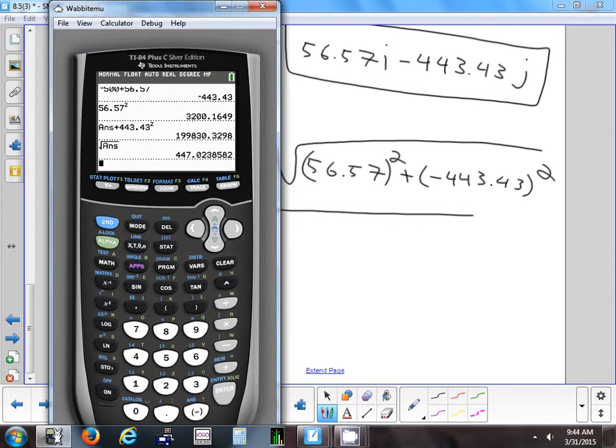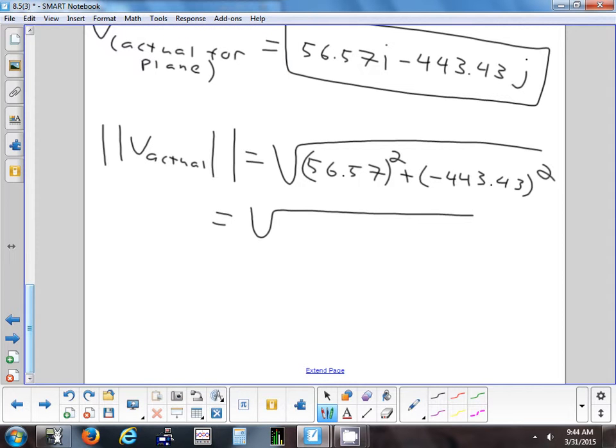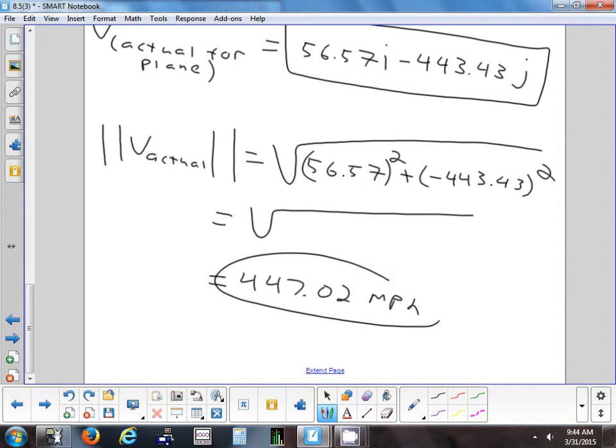So from the perspective of the ground, the plane is traveling at 447.02 miles per hour. Okay, any question on that? That's the speed that it's traveling at.